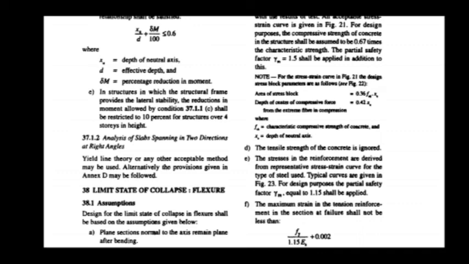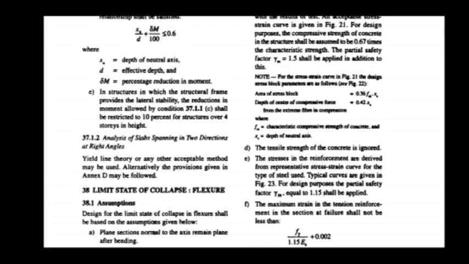Very important point. The next point is that the stress in the reinforcement is derived from a representative stress-strain curve for the type of steel used. Typical curves are given in figure 23. For design purpose, the partial safety factor gamma m, equal to 1.15, shall be applied.